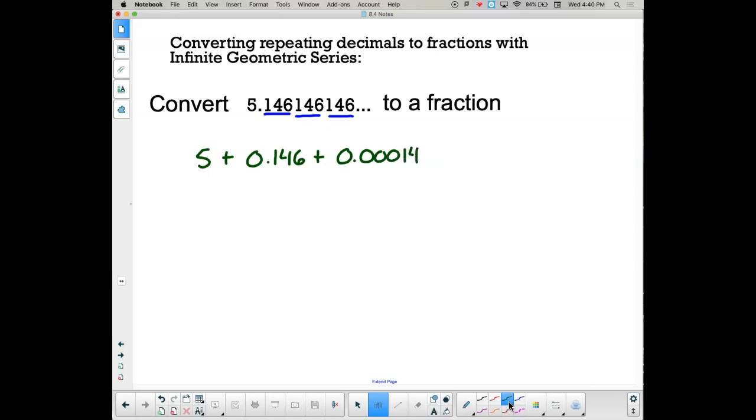And then I've got to fill in 1, 2, 3, 1, 2, 3, 1, 4, 6, and so on and so forth. So if I would combine all those together, I get that number. So this 5 out here, I'm going to save for later.